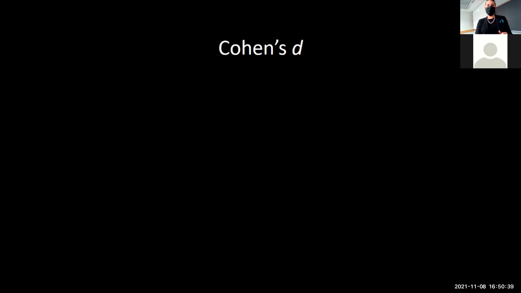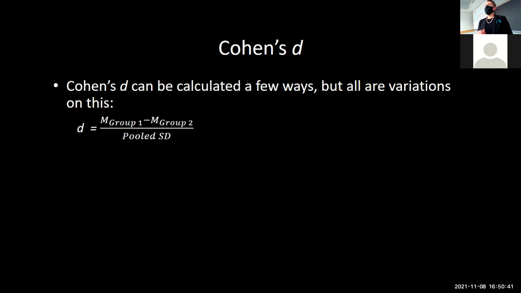Cohen's d is a really nice effect size because it's pretty flexible. It can be calculated in many different ways, but it's all different variations on this same idea: Cohen's d is the mean of one group minus the mean of the other group over some sort of standard deviation.